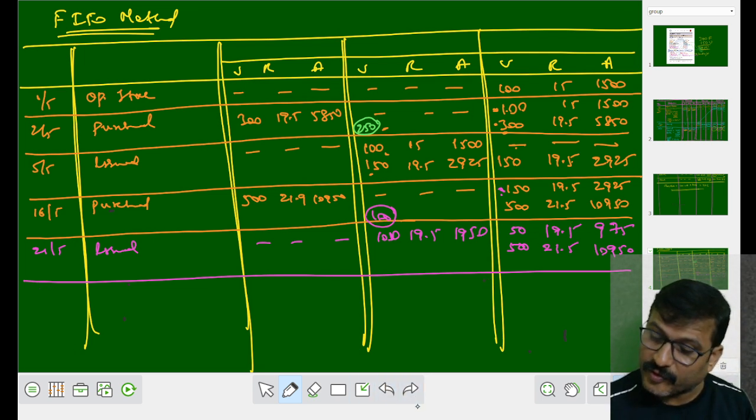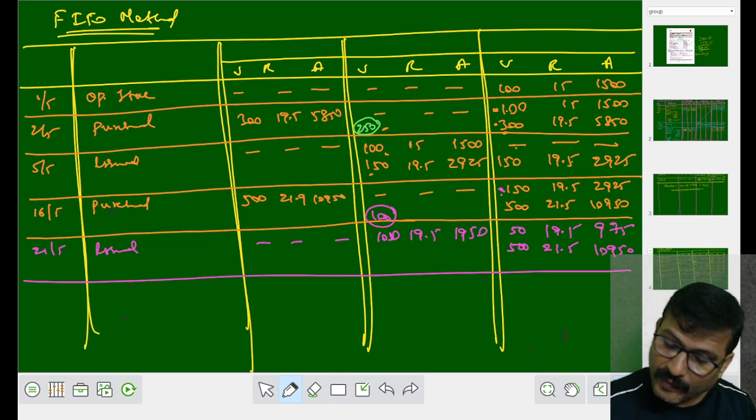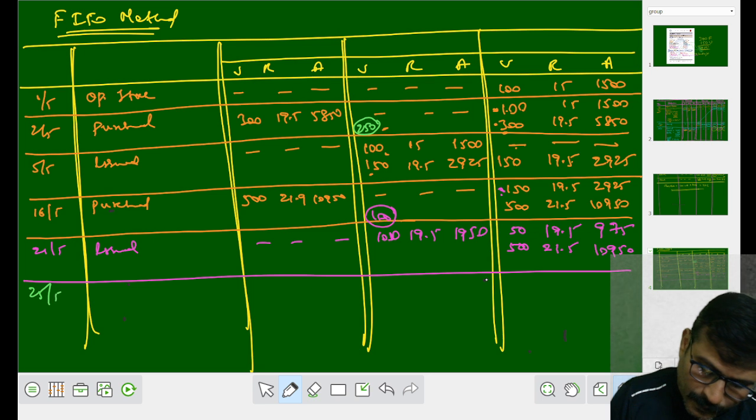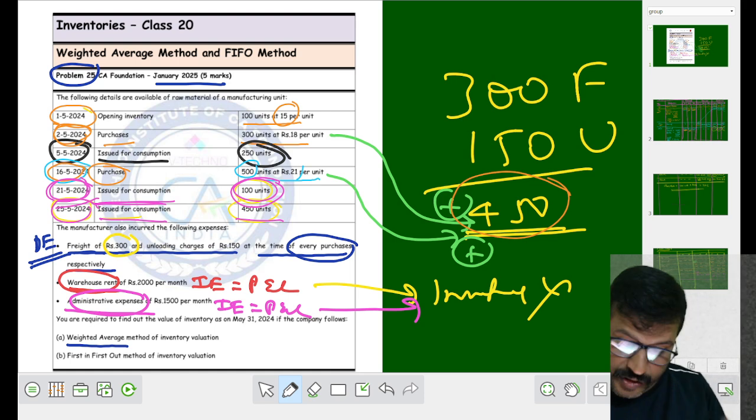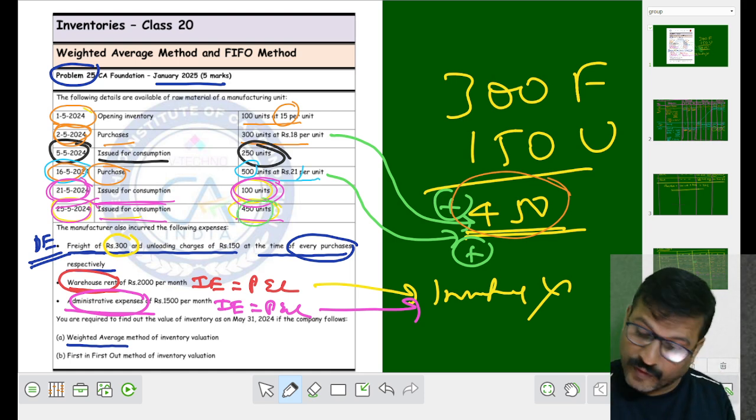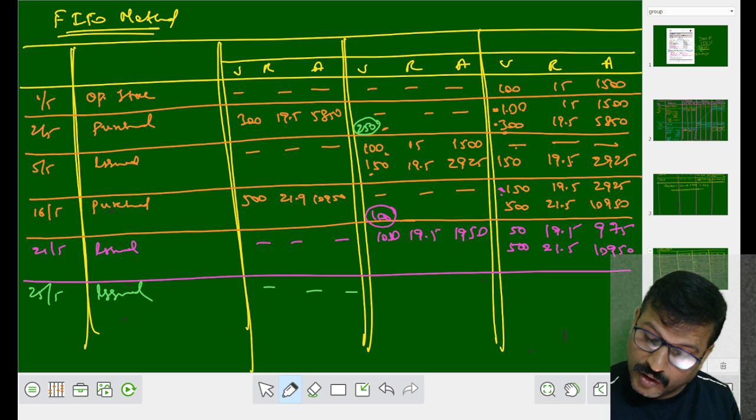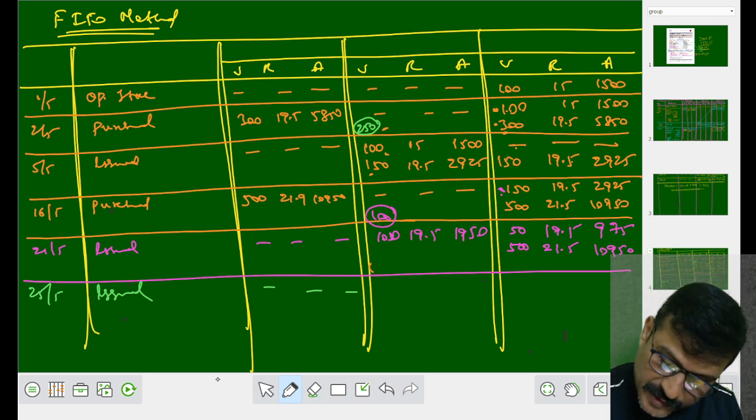On 25th May, what did you do? Issued. How many units are issued on 25th May? 450 units. So on the top you mention how many units you are issuing: 450 units.